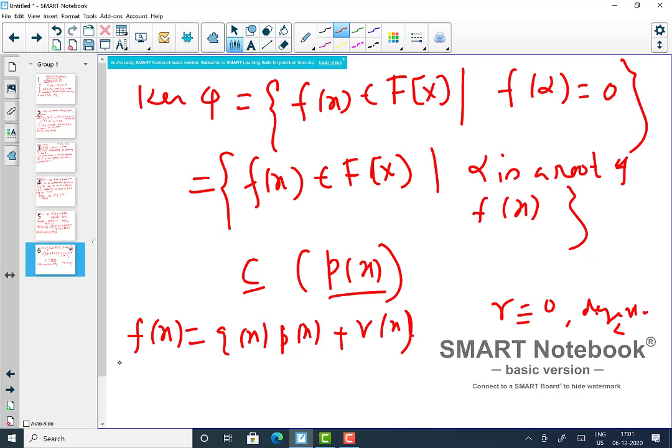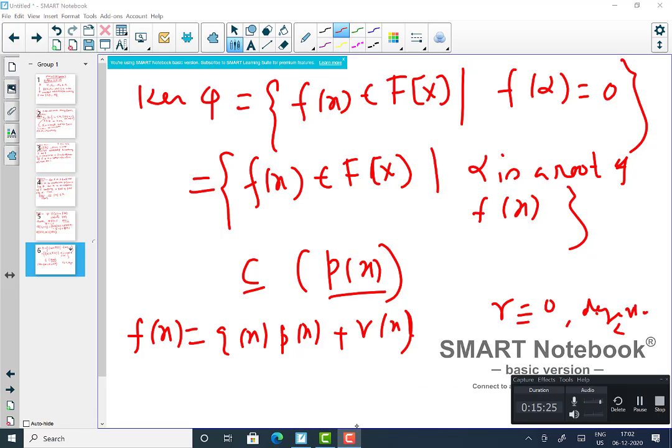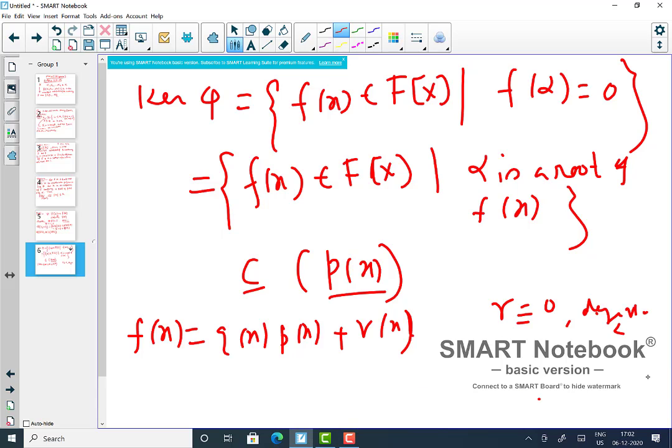Now we need to show that any element of the kernel is also inside this, but I think you cannot say that directly. I need something called the minimal polynomial, which I did not use.